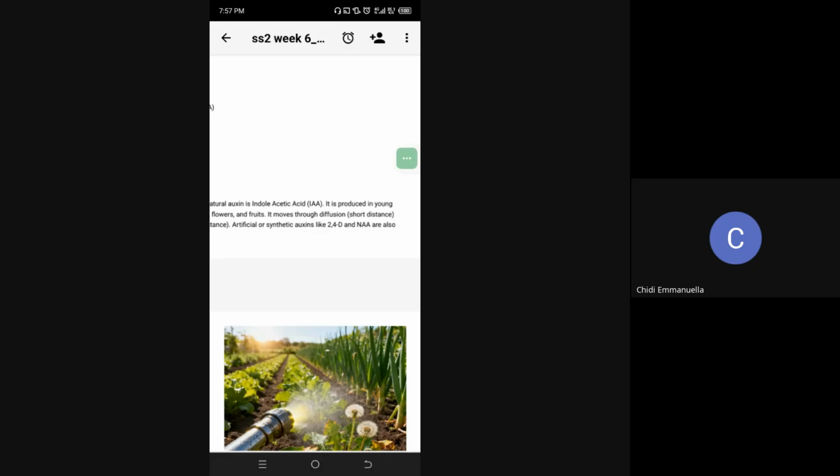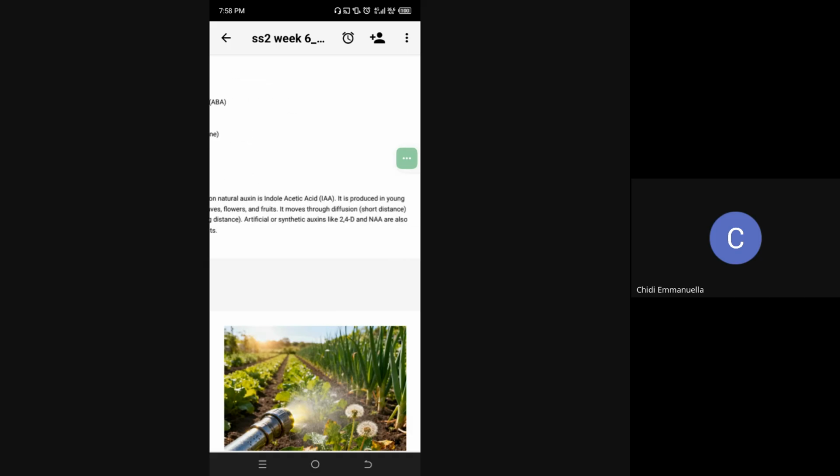The next one is NAA, and it's called naphthalene acetic acid. The spelling of naphthalene acetic acid is N-A-P-H-T-H-A-L-E-N-E, then acetic acid.